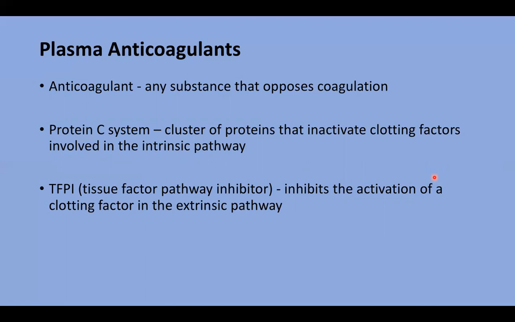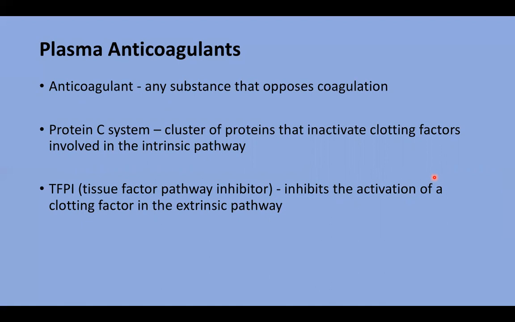This is a cluster of proteins that are inactive clotting factors. They're involved in the intrinsic pathway, and they are going to prevent improper clotting from occurring if there is not damage to the interior of the vessel.